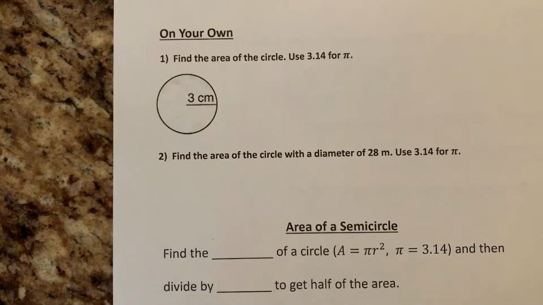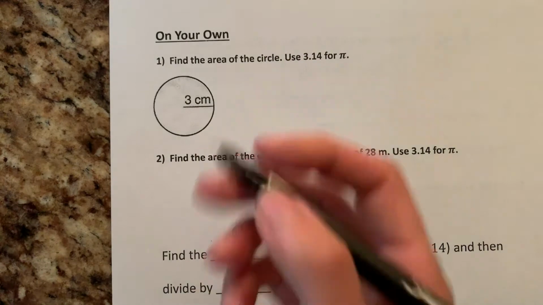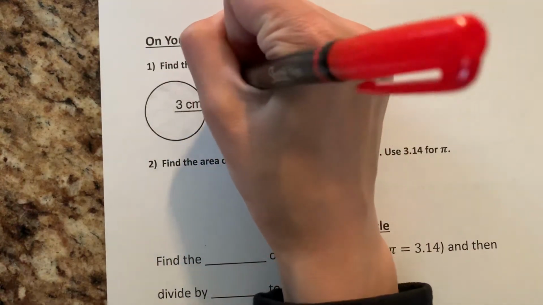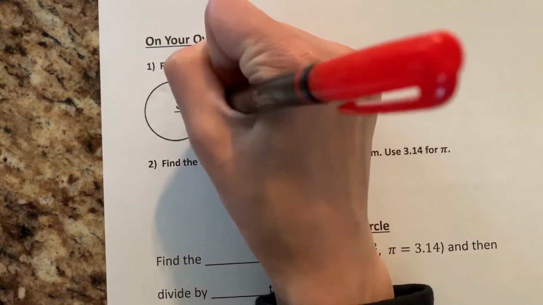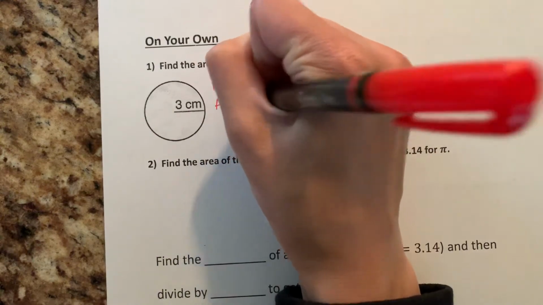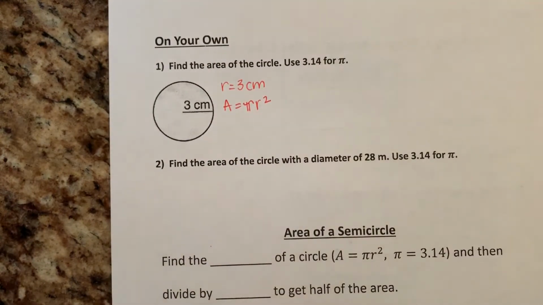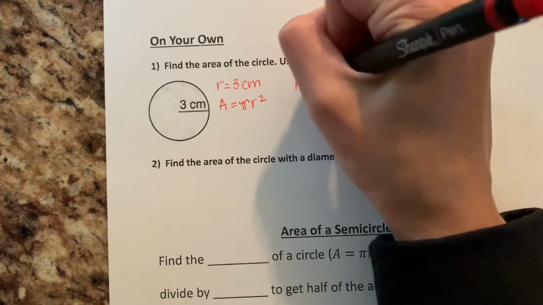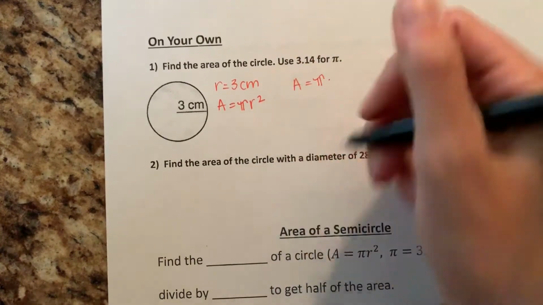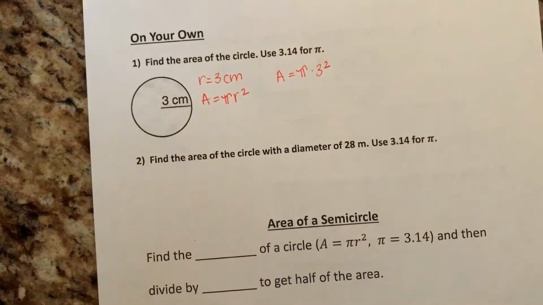Let's do another one. We want to find the area of the circle. Again, we're using 3.14 for pi. So here they give us the radius. So the radius is 3 centimeters. Our area formula, pi times the radius squared. So our area is pi times 3 squared.